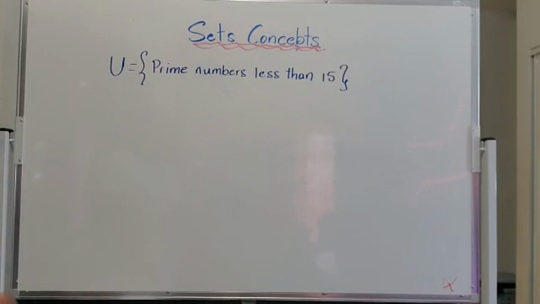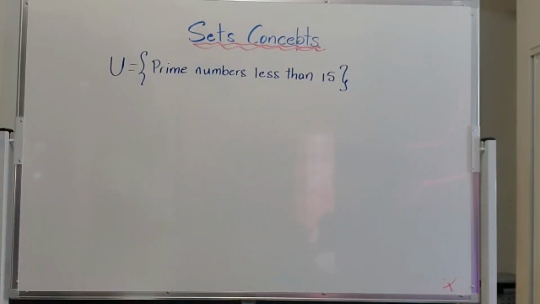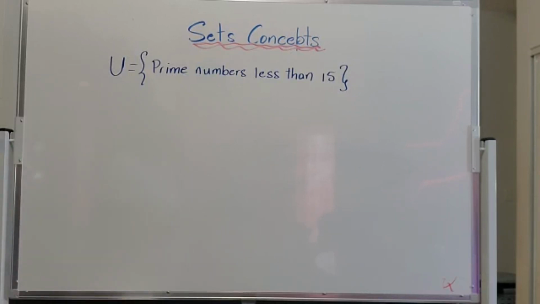So what we need to do first is to identify what these members or elements are, based on the conditions and criteria given, as it's indicated: prime numbers less than 15. Now we may want to ask ourselves the question as well, what are prime numbers? Prime numbers are numbers that can only be divided by itself and 1.